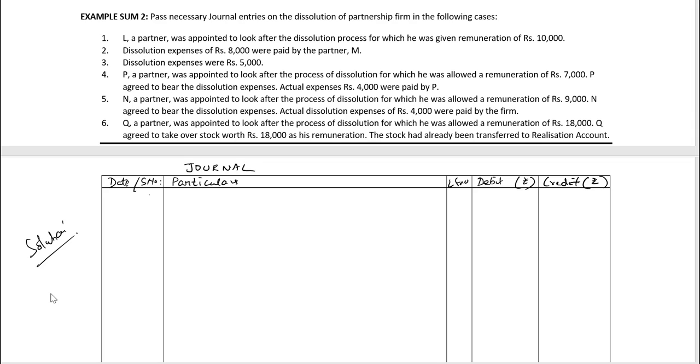The first question. L, a partner, was appointed to look after the dissolution process, for which he was given a remuneration of rupees 10,000. So remuneration allowed to a partner, journal entry, realization account debit to L, capital account.